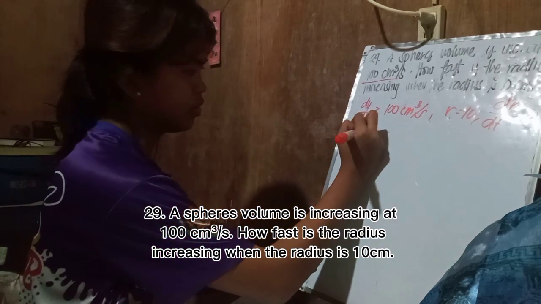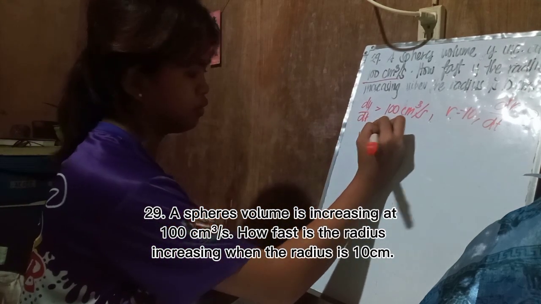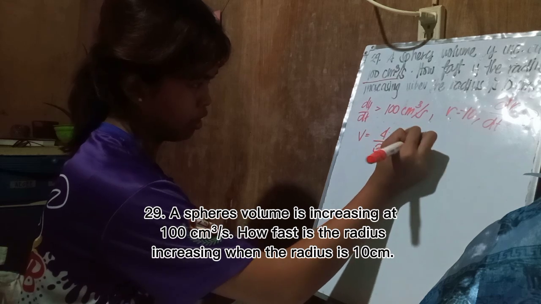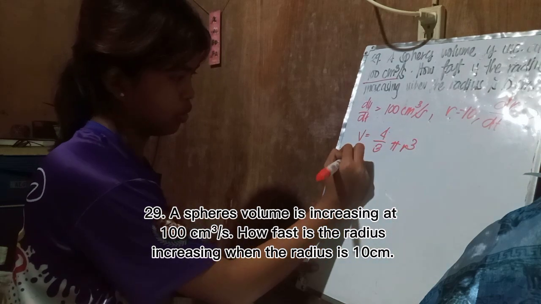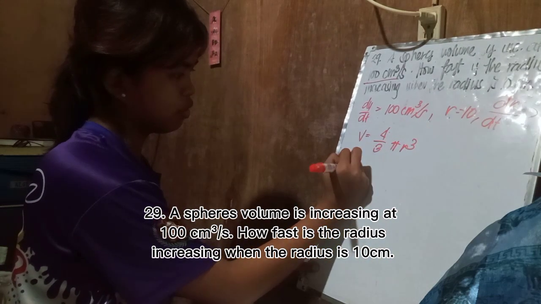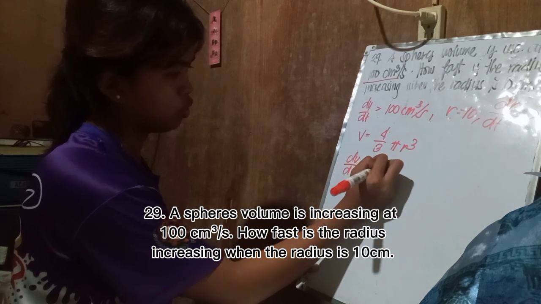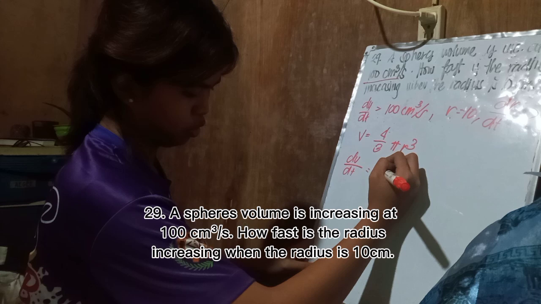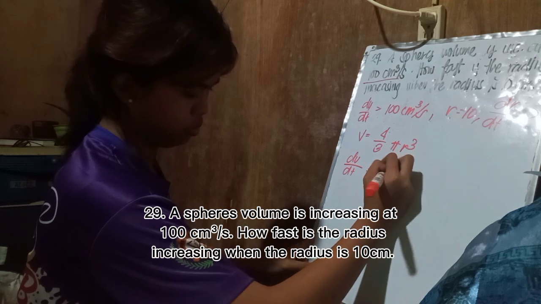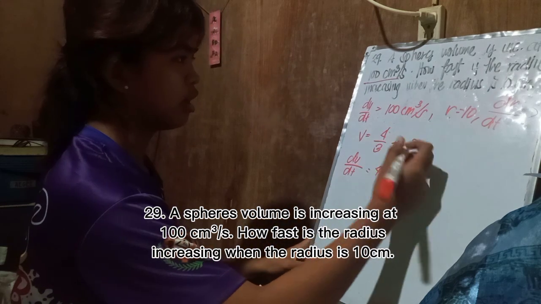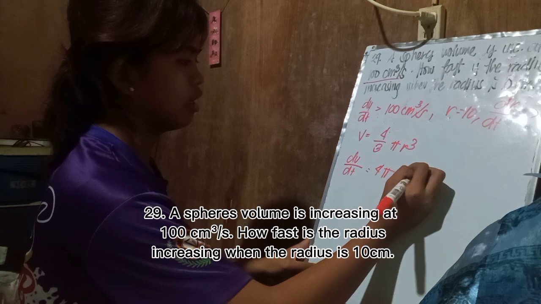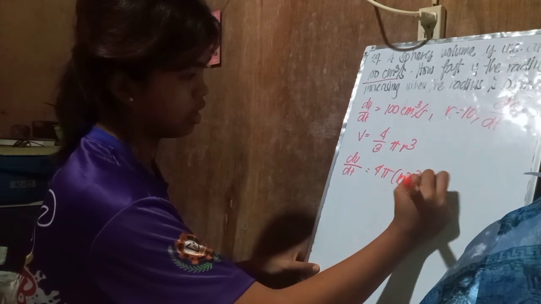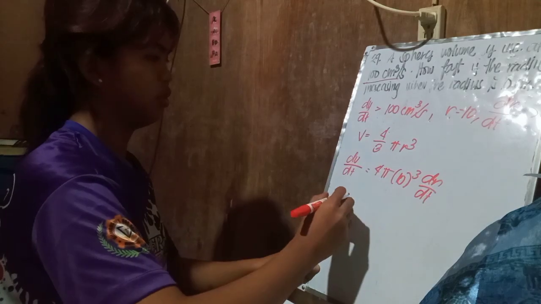So we're going to use the volume formula, V equals 4/3 pi r cubed. So dV over dt equals 4 pi r squared dr over dt.